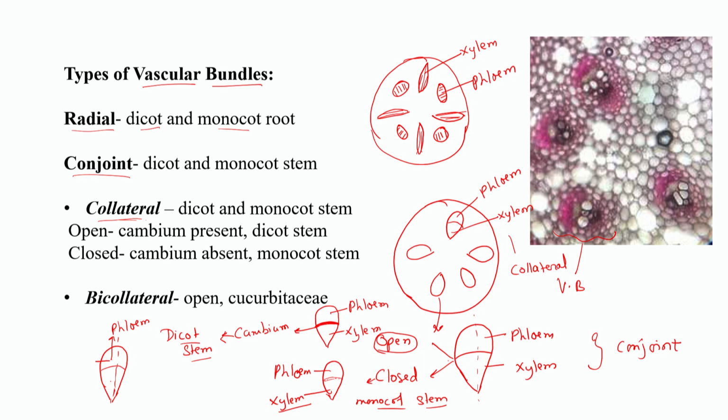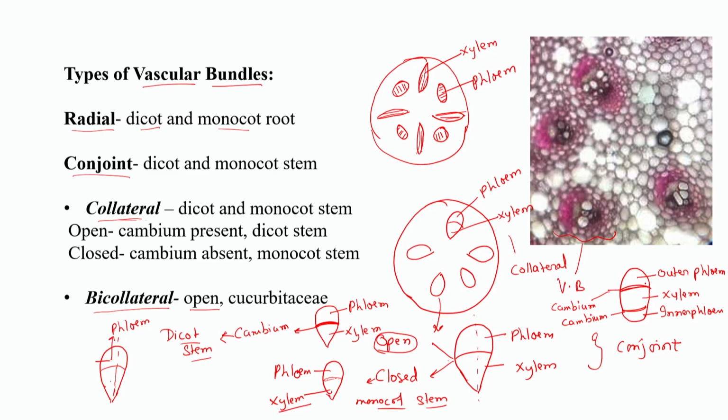And then you have bicollateral. They are also open bundles, meaning cambium will definitely be there, but in this case cambium will be present on both sides.